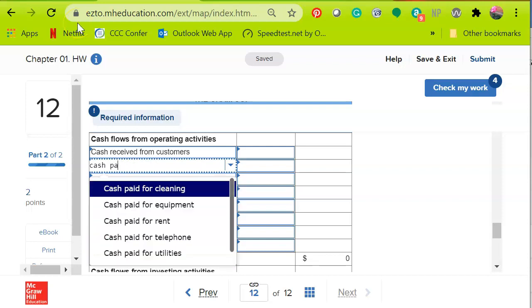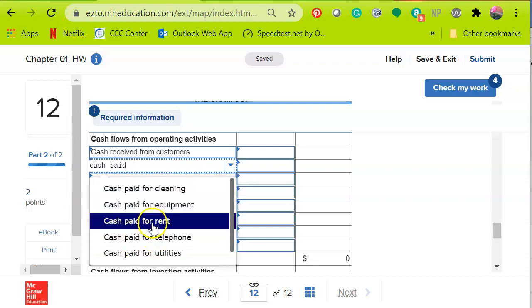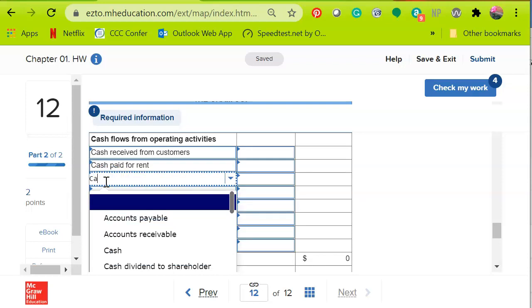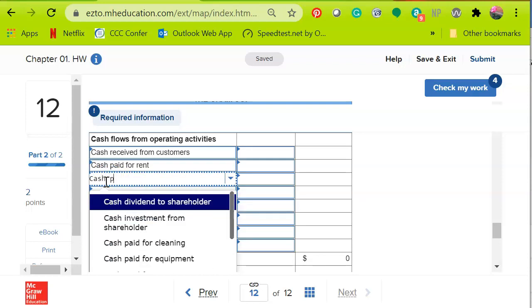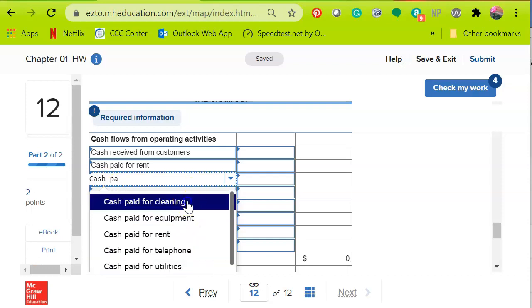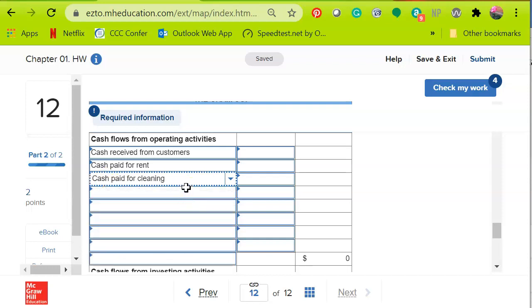I have to spell it correctly. And then we'll have cash paid for cleaning, and then cash paid for telephone.